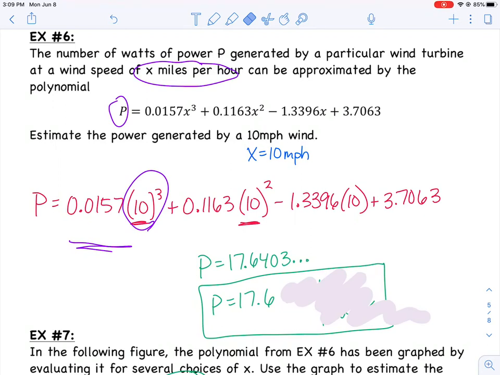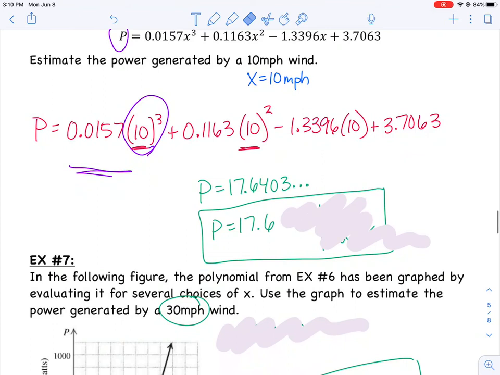Wasn't it really the power that we were going to get out? If the wind was blowing at 10 miles per hour, we were going to get a certain number of watts of power. And so this 17.6 is really 17.6 watts of power when the wind blows at 10 miles per hour. So making sure you can put a label on your answer is really important on these word problems. That way you know how to get an answer, but you actually know what that answer means.